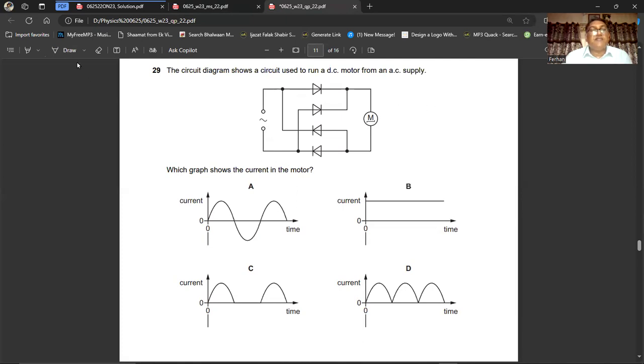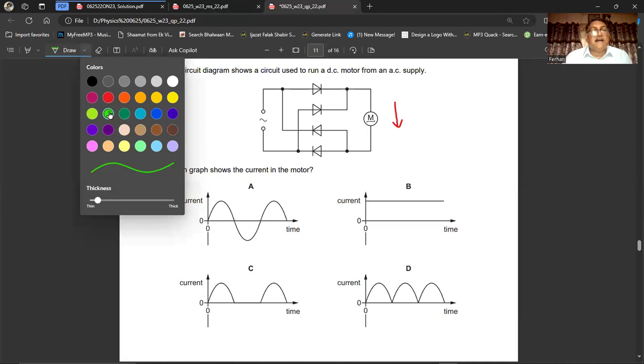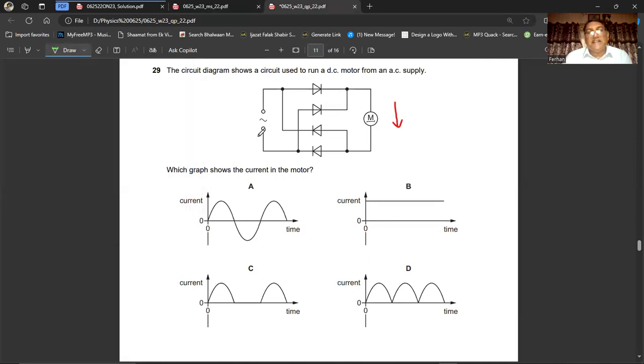Because this is alternating current, when the current comes from the other direction, it cannot go this way, so it will go this way instead.